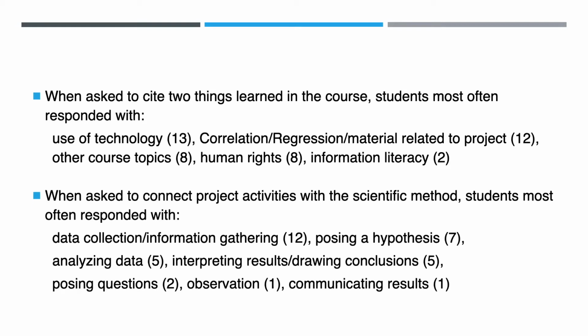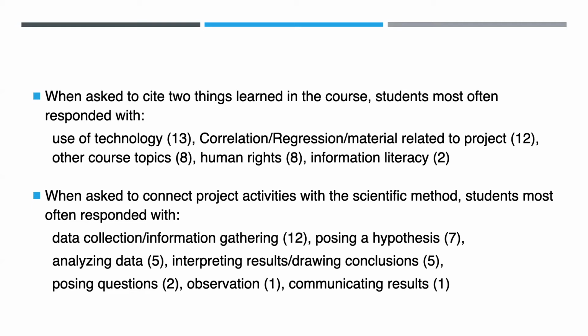And here are the most cited responses. Many students cited use of technology; they felt that they gained or learned a lot. Some of them mentioned having learned course content, in fact the content directly related to the project, that was correlation and regression. There were students who mentioned other topics that they felt were also enhanced because of the project that they did.